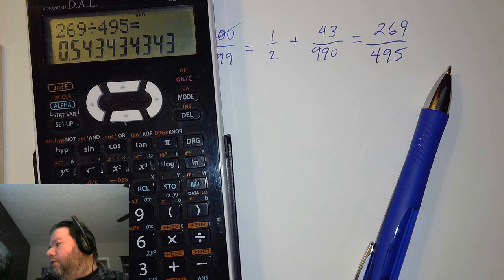But the more complicated the repetition, the more complicated the fraction that actually represents that is. And this one is already kind of difficult. It's not like a nice fraction. It doesn't reduce or anything like that.